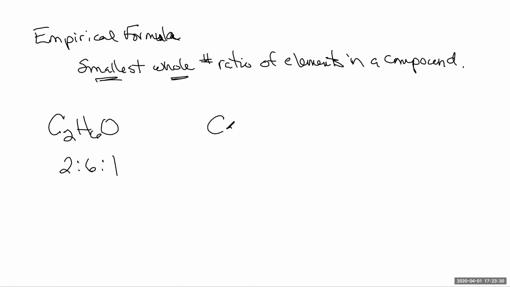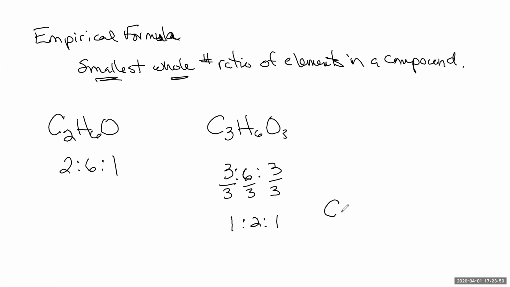However, if I showed you the formula C3H6O3, that would not be an empirical formula because 3 to 6 to 3 can be reduced. You could divide each of these numbers by 3 and end up with 1 to 2 to 1. This would be the empirical formula, C1H2O1. So the empirical formula is the lowest whole number ratio.